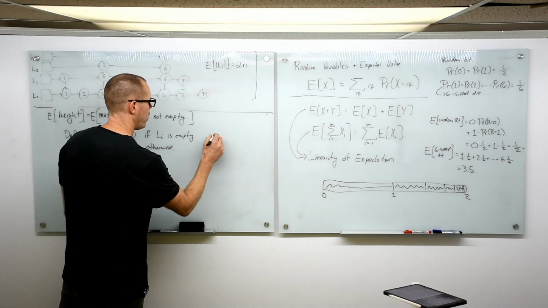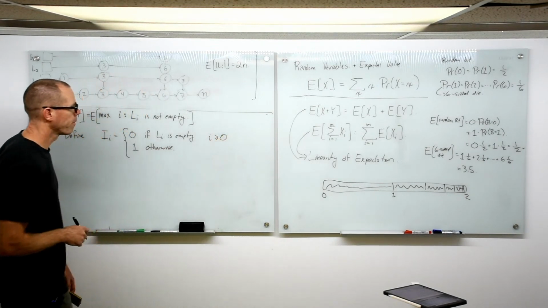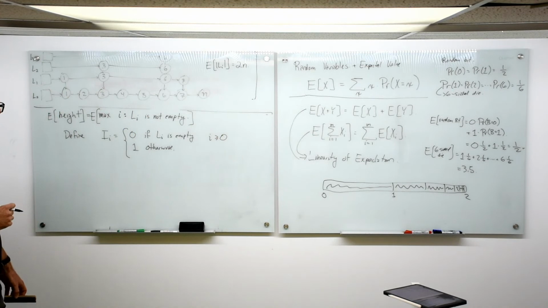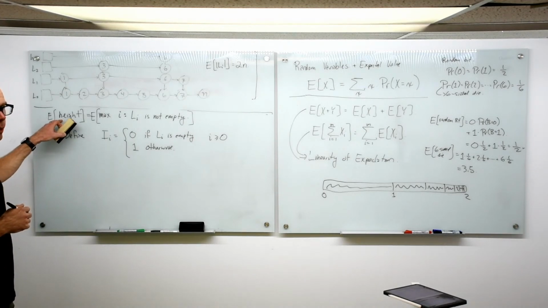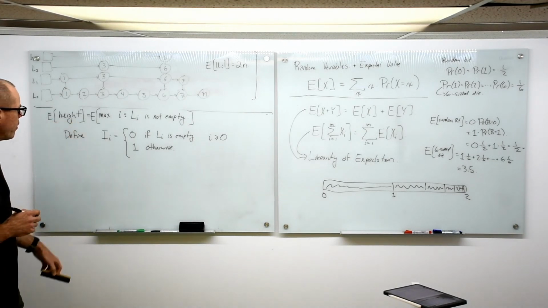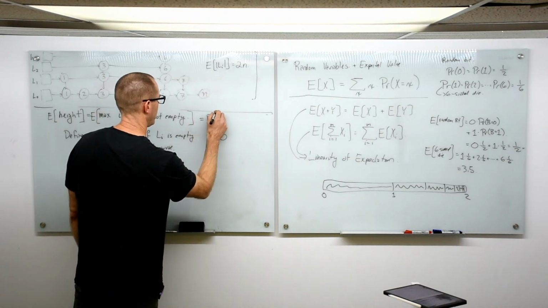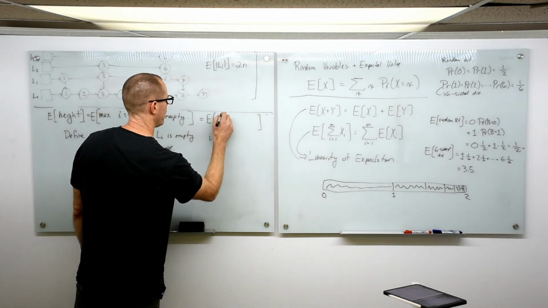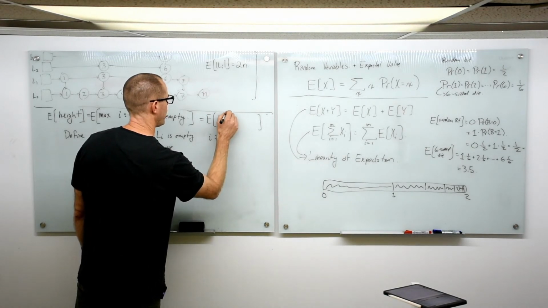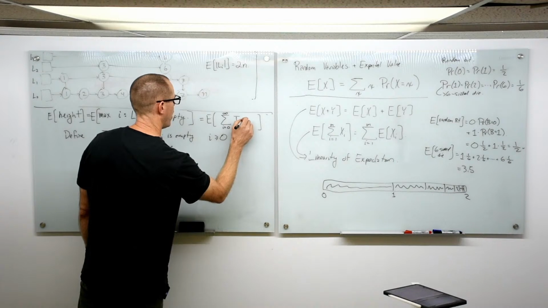And that's for i bigger than or equal to 0. Now we have another way to write the height. The height is just the sum, i equals 0 to infinity, of I sub i.